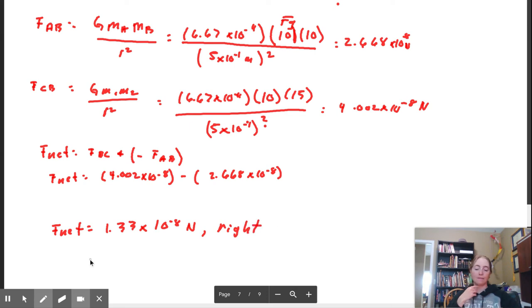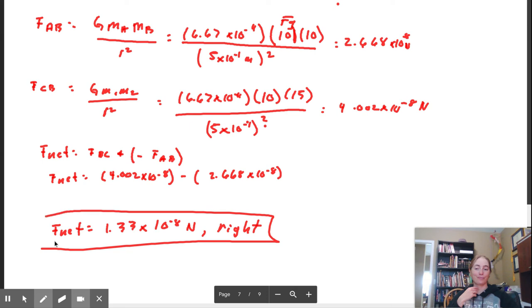Now I said net force, ladies and gentlemen. I want direction. Okay. So ladies and gentlemen, the trickiest part about this type of question is making sure you get the direction correct.